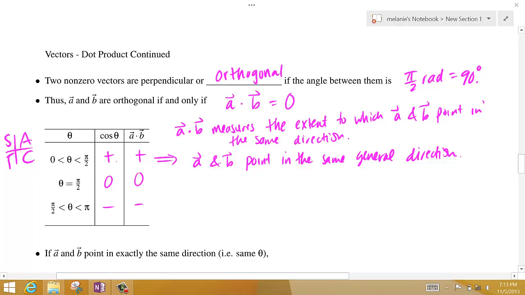If cosine of theta is 0 and the dot product is 0, that means A is perpendicular to B. A is orthogonal to B. And if my dot product is negative, that means A and B point in generally opposite directions.